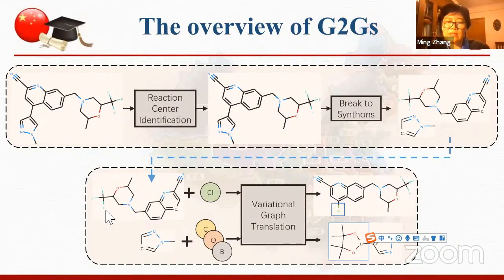Just as in language translation, we translate from some graph to other, maybe smaller, graphs, because the product graph is relatively larger, and then we need some smaller ones, and we have a reaction among these smaller ones, and then we can compose the product.